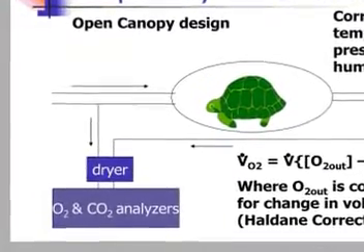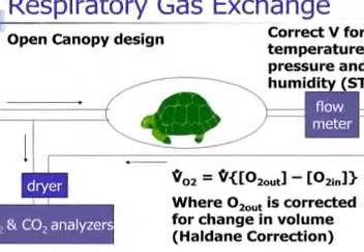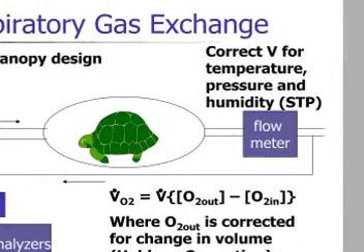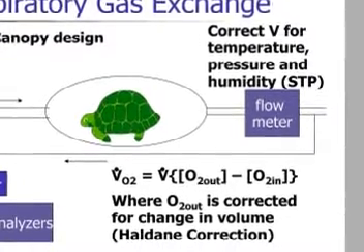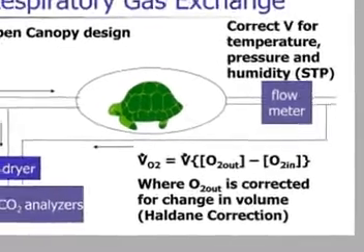You measure the oxygen and CO2 concentration on the inlet. You pass it across the animal, measure the flow, and the O2 and CO2 concentration at the outlet. You measure the amount of oxygen that the animal consumes by difference and multiply that by the flow rate and calculate heat production.